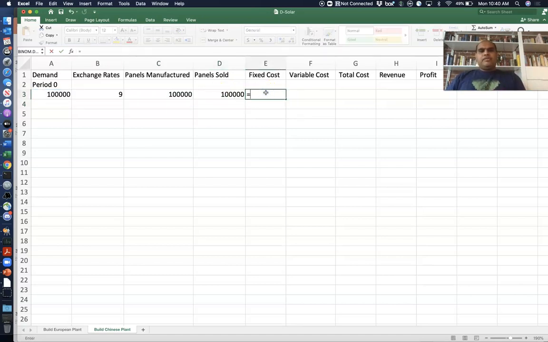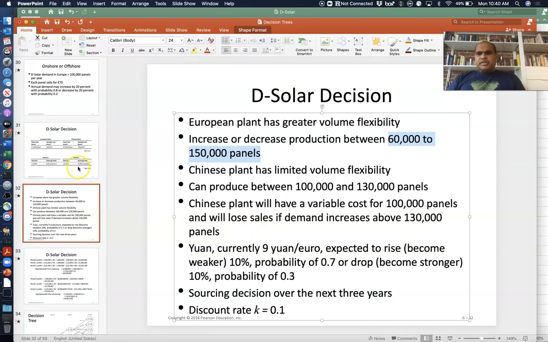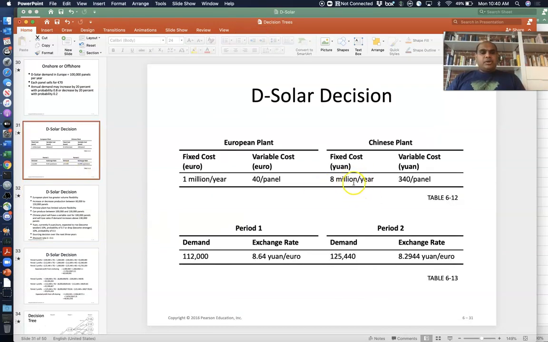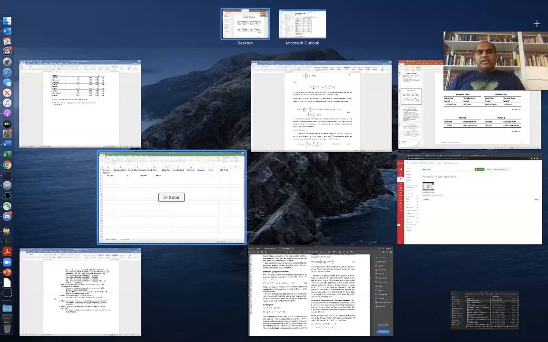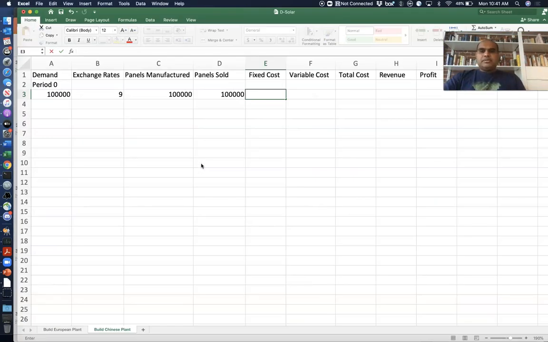Okay, so fixed cost. Fixed cost is the same, 1 million. Oh, this is different, right? Fixed cost is different. So let's look it up. Fixed cost for the Chinese plant is 8 million yuan per year, and the variable cost is 340. So what I'll do is I'll calculate everything in yuan, and then just multiply that with the exchange rate at the end.